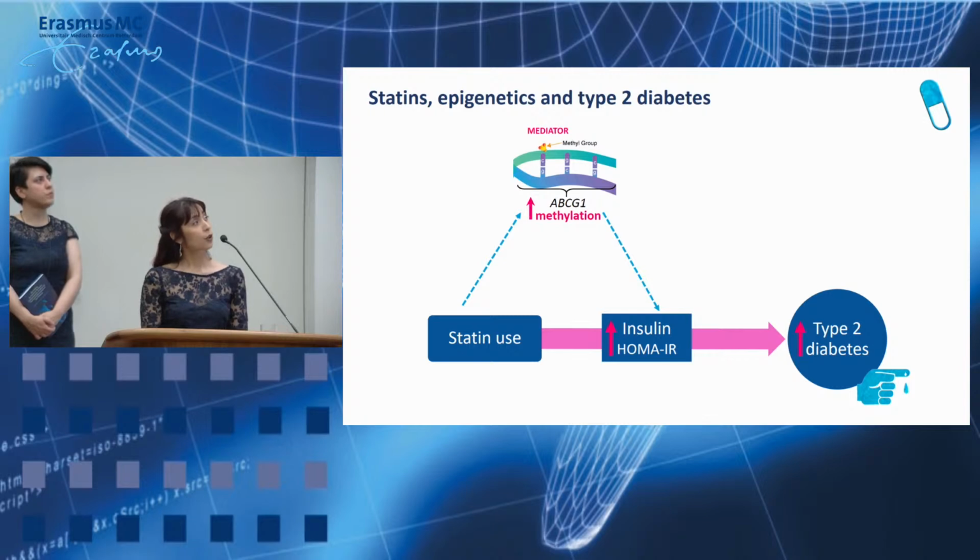So we further found that of the total effect of statin use on type 2 diabetes risk and insulin resistance, a part of that effect was mediated by methylation changes in that gene. And then we further hypothesized that changes in the expression of that gene could be explaining this observation.